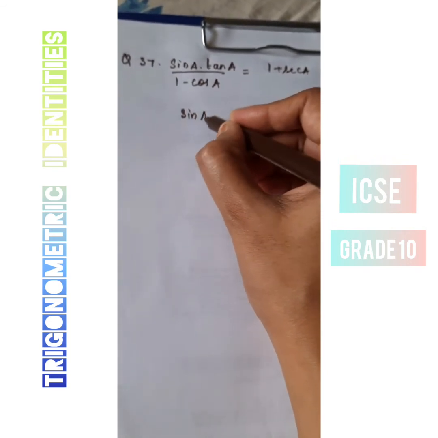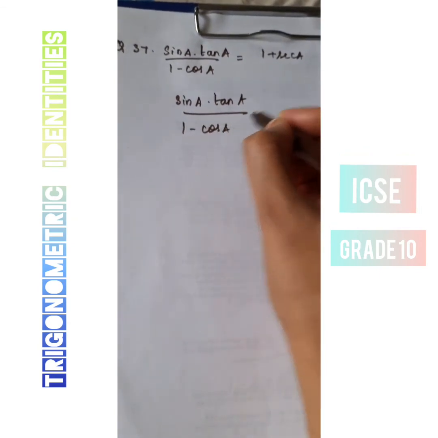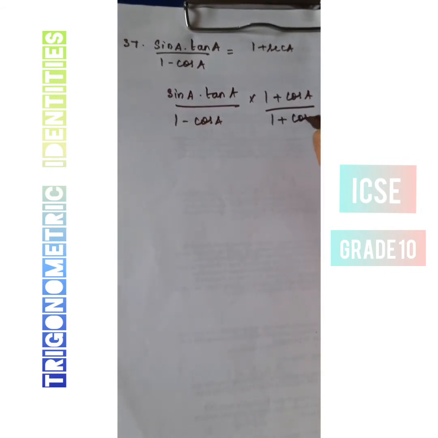So we will just take the LHS, sin into tan by 1 minus cos A, and multiply and divide it by 1 plus cos A, which is equivalent to just 1.